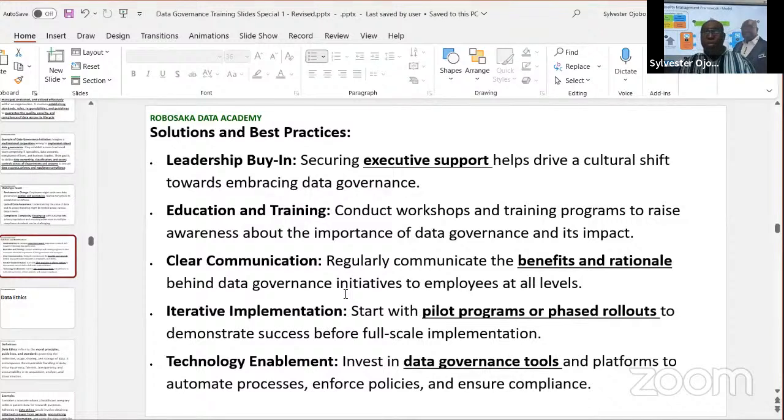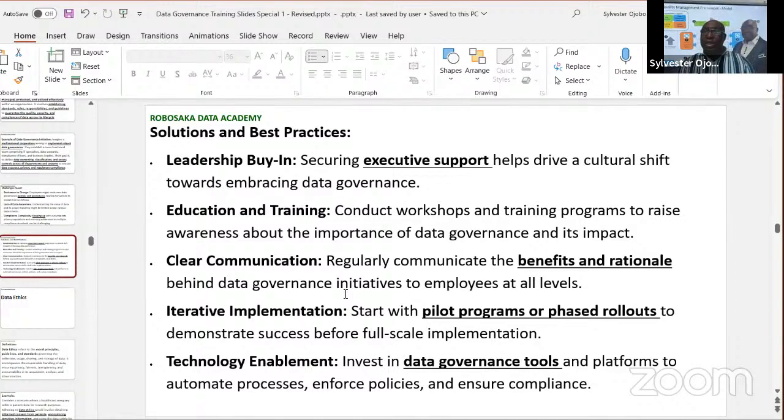As most of you have already said, education and training: conduct workshops and training programs to raise awareness about the importance and the value of data, its governance and its impact as well. Very important. And there must be clear communication.